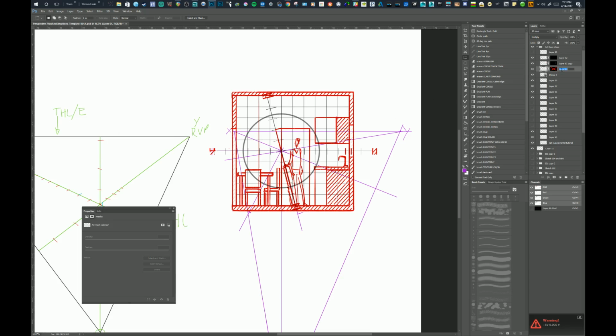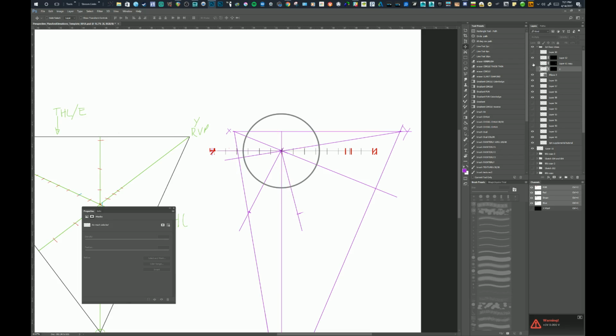So this one is going to be X. This one is going to be my vertical. And this one will be my Y.